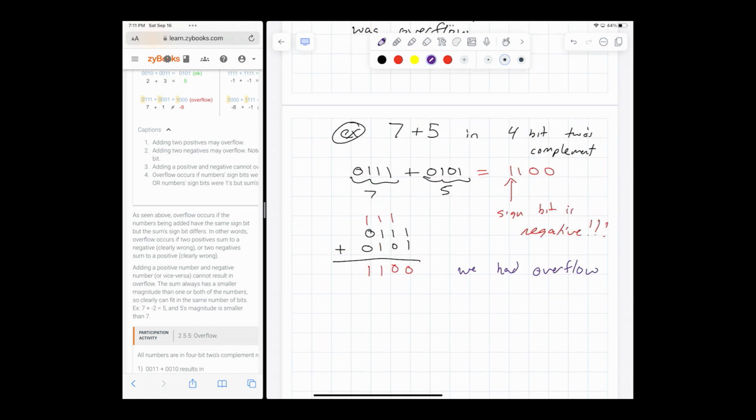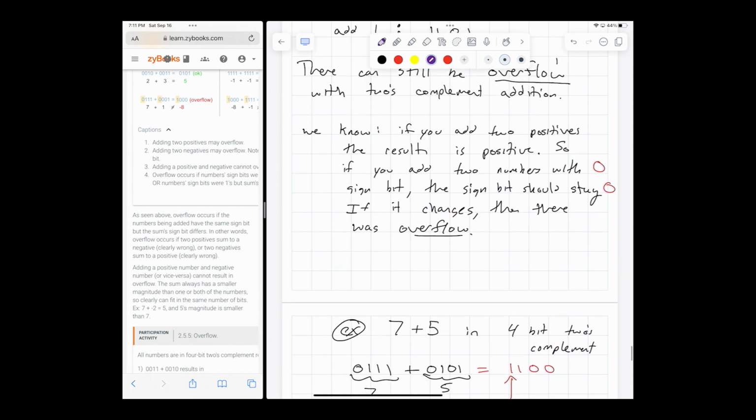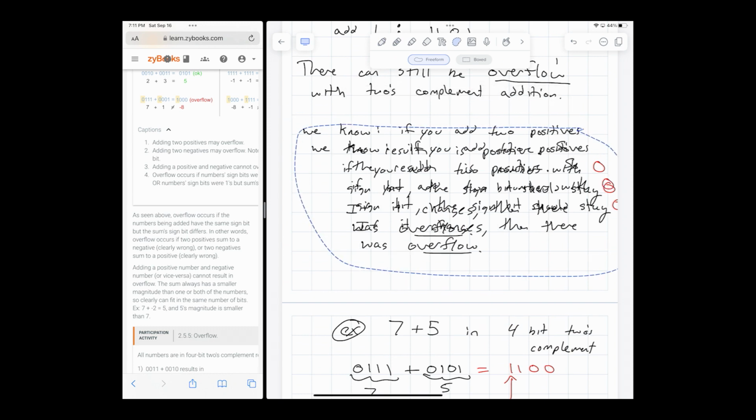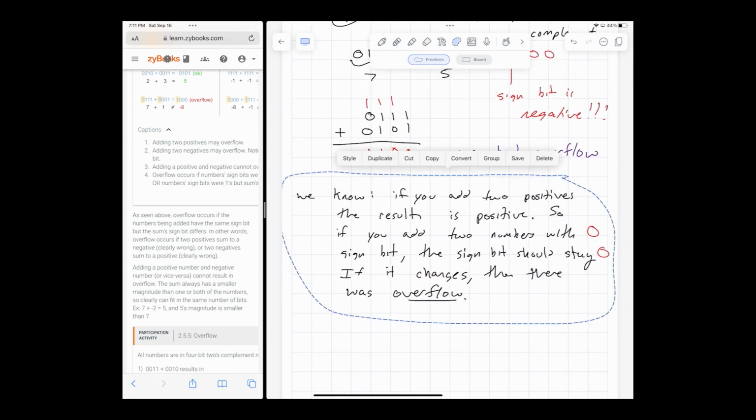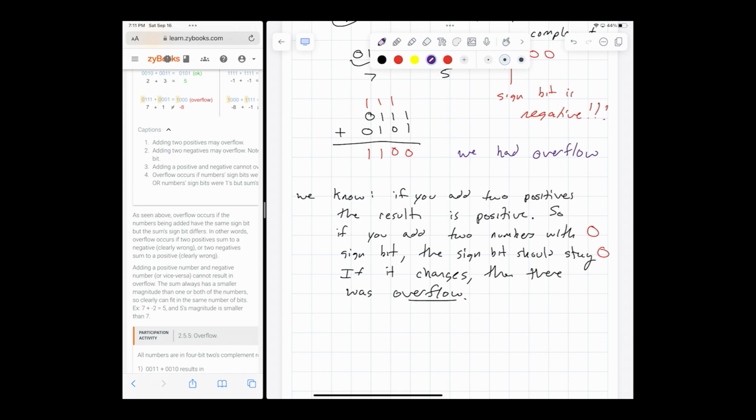Okay. Now, the same thing that we set up here, we also have the other way around. We also know that if you add two negative numbers, the result should be negative, right? So if you add two numbers with 1 for the sign bit, the sign bit should stay 1.